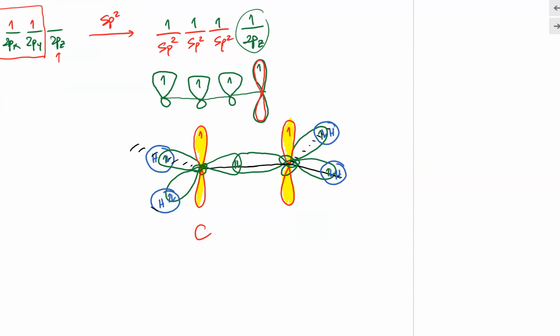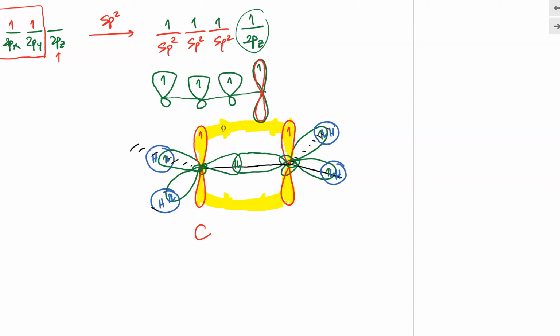But in this case right here, these 2 orbitals, due to their position, can actually not touch each other from end to end, but instead they have the tendency, and we can see that this one tends to bend over a little bit, and this one right here tends to bend over a little bit, and together they will then produce this double bond right here.